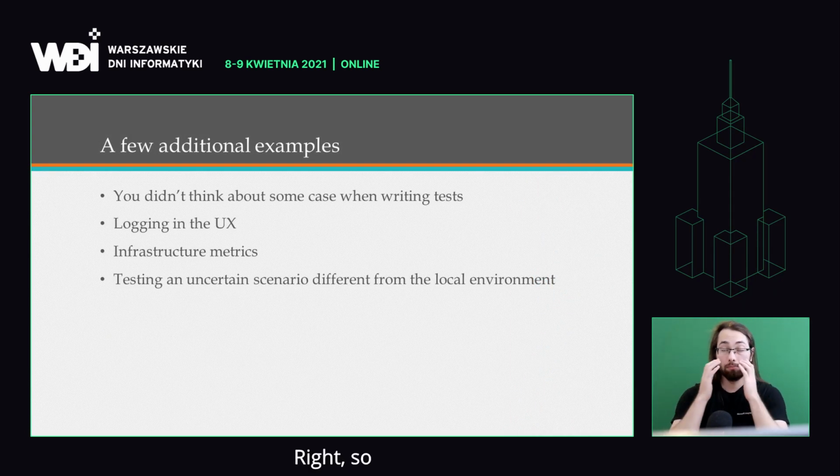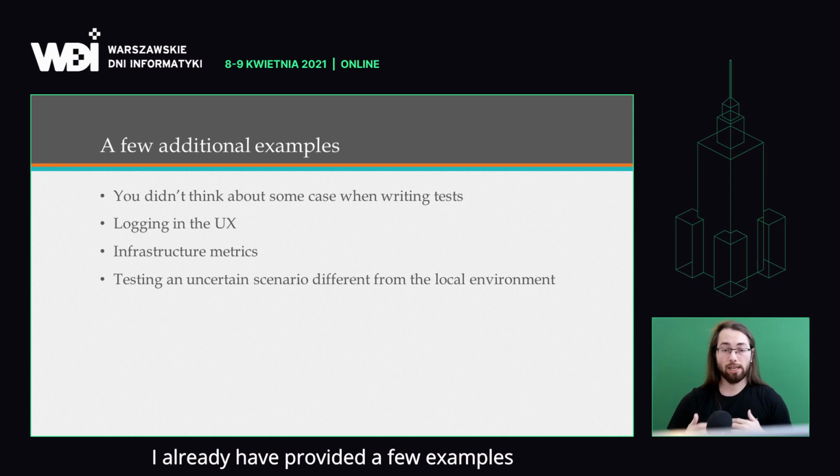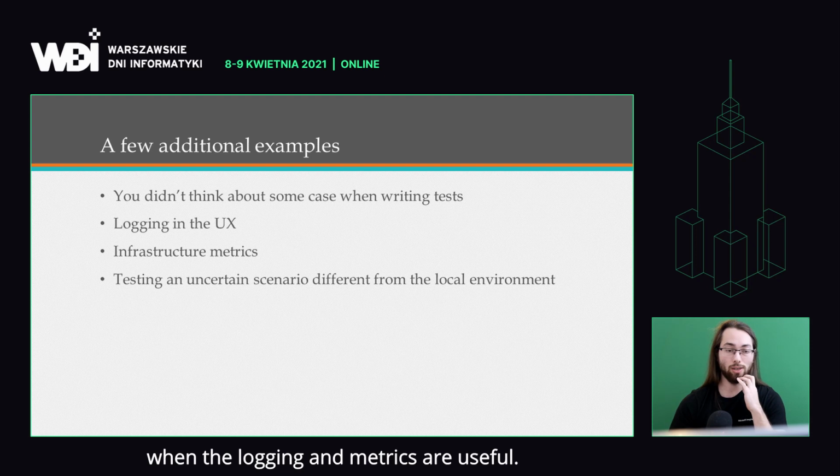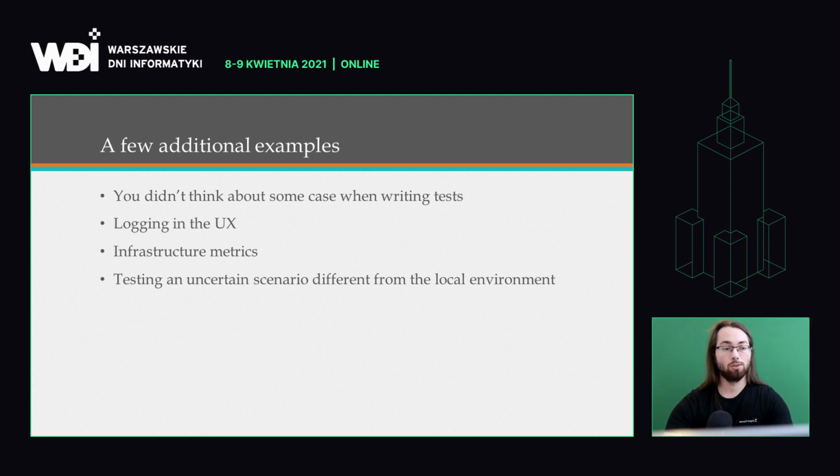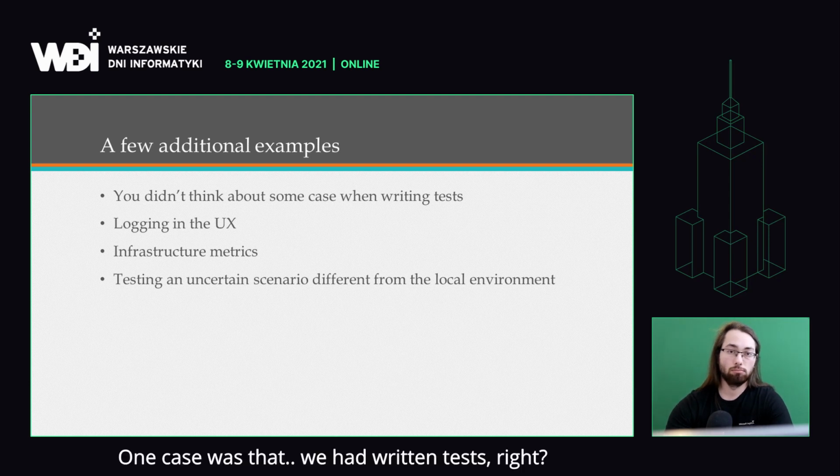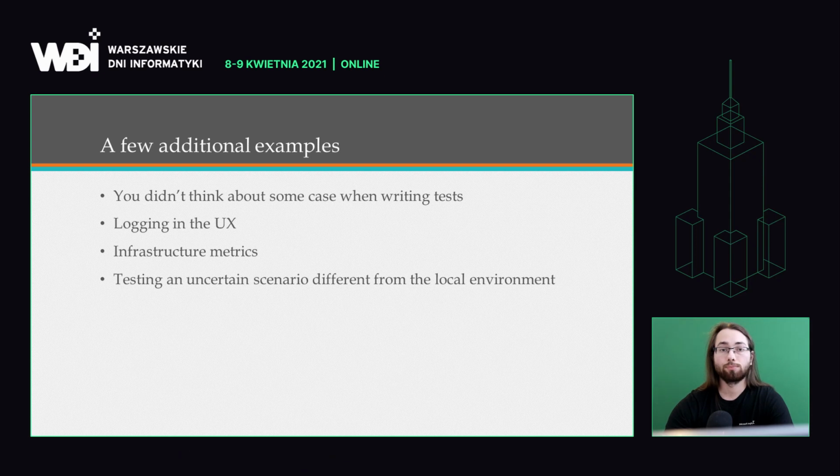Right, so I've already provided a few examples of when logging and metrics are useful. So let's take a look at a few more. One case was that we had written tests, right? The system was green, it was working fine.